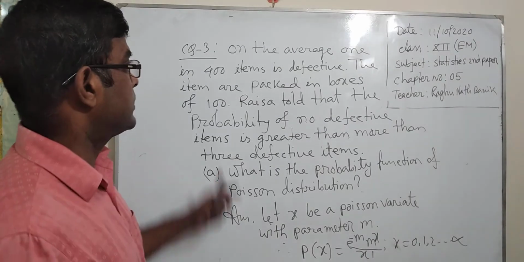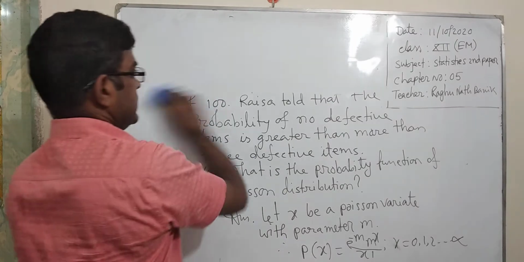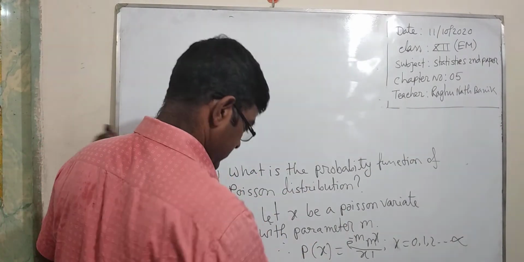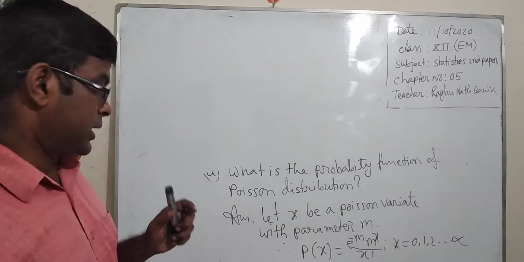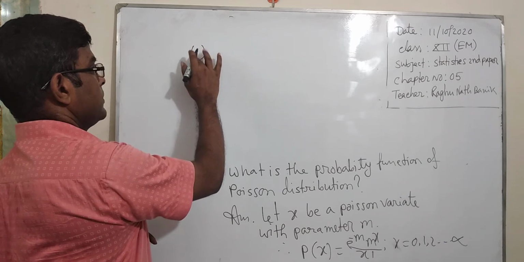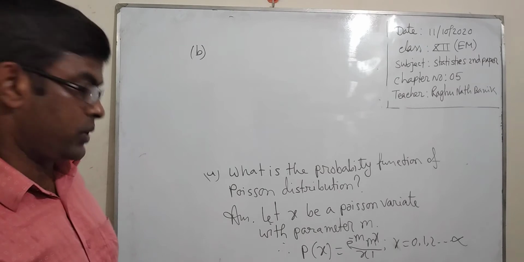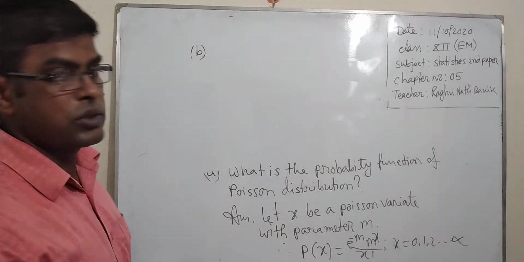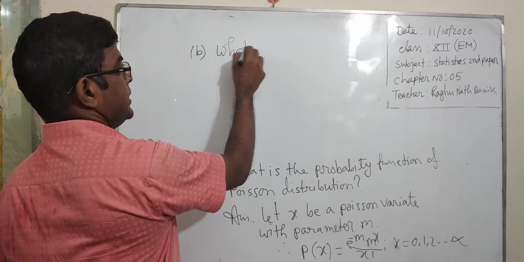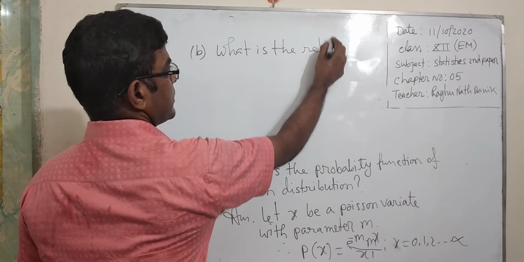Second question. Now I will erase the question stem. Question number B: what is the relation between binomial distribution and Poisson distribution?